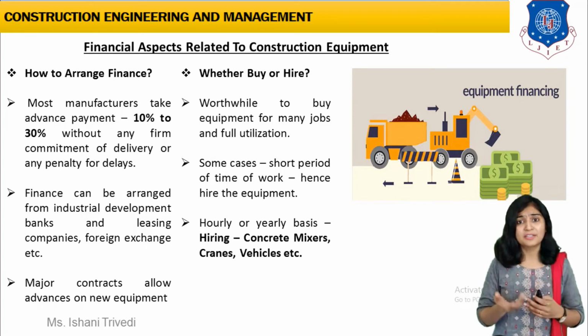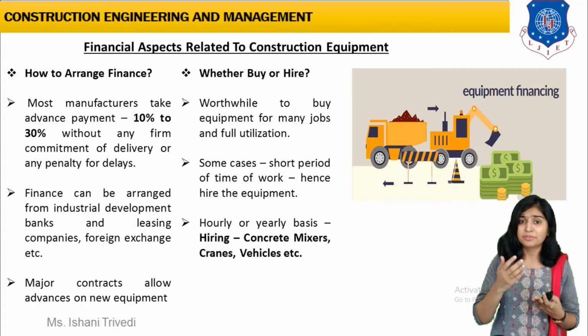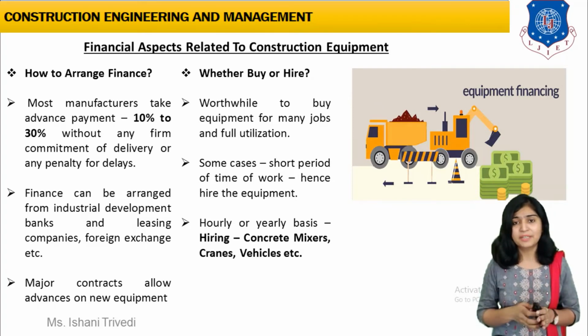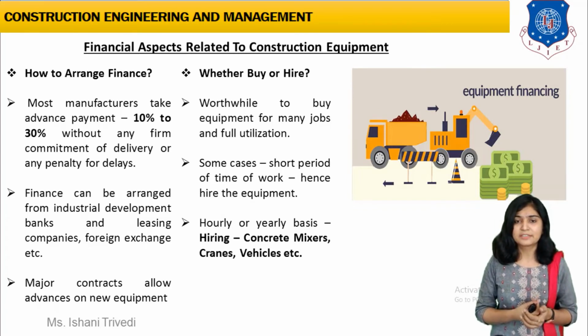What are the factors on which it will depend? I think you will be able to think on your own in what cases you should buy and in what cases you should hire. So let us talk about some financial aspects related to the same.